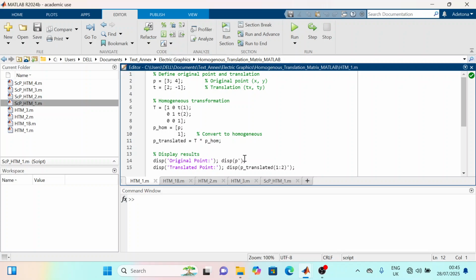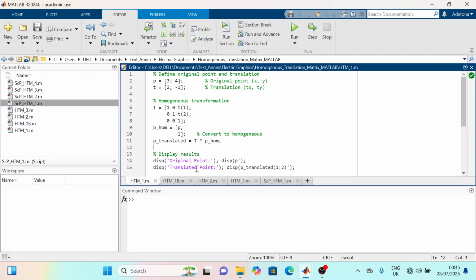Because if you don't transpose, what you are going to get will be a columnar vector. But with prime, you are going to have a row vector.